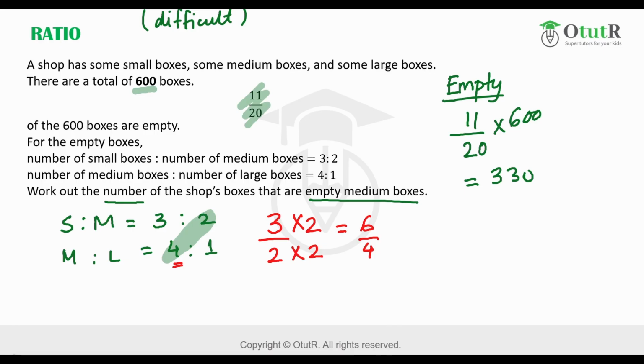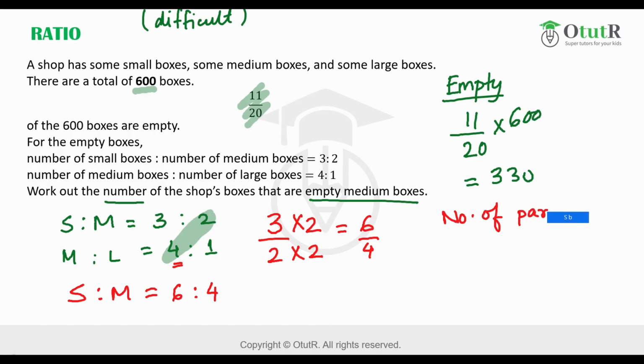So my new ratio for small boxes and medium boxes is 6:4. Okay. Now, after doing this, we are going to calculate the number of parts.